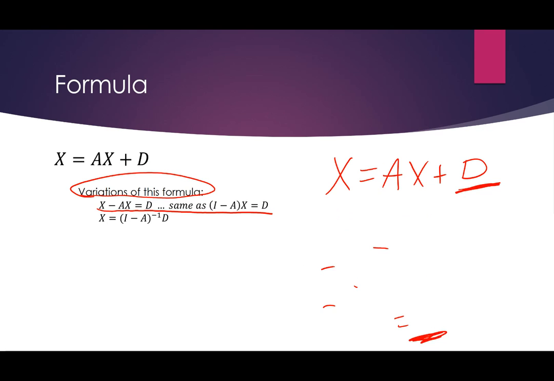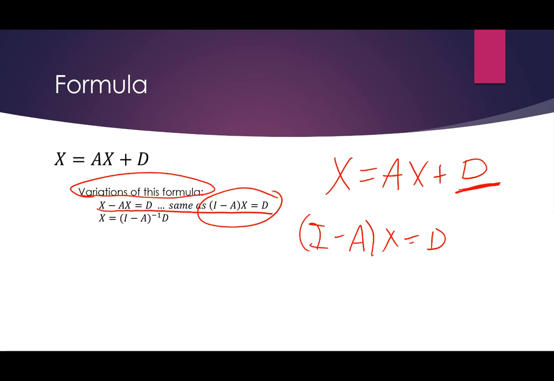But other versions of this formula, let's say you wanted to get X by itself. I'm trying to remember how we did that. Well, if you go back to the one we just made, (I minus A) times X equals D. If we want X by itself, then we need the inverse of this.